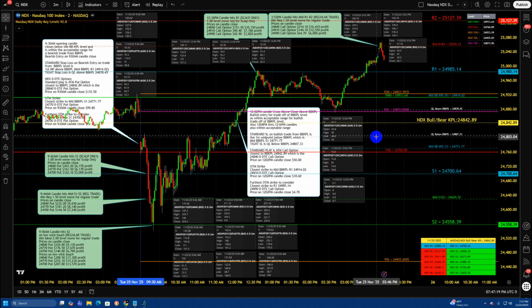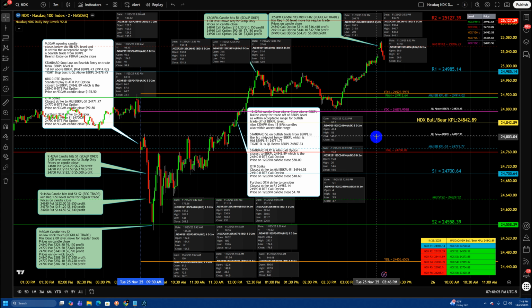Prior to this we had our standard Nasdaq NDX Daily Key Levels indicator, but now we have upgraded it to the V2.0 version, which makes it just like our SPX S&P 500 Index V2.0 version. Some of you may already be familiar with how our SPX Daily Key Levels V2.0 indicator works. This Nasdaq indicator works the same way as the SPX version, except it works on the Nasdaq NDX Index.